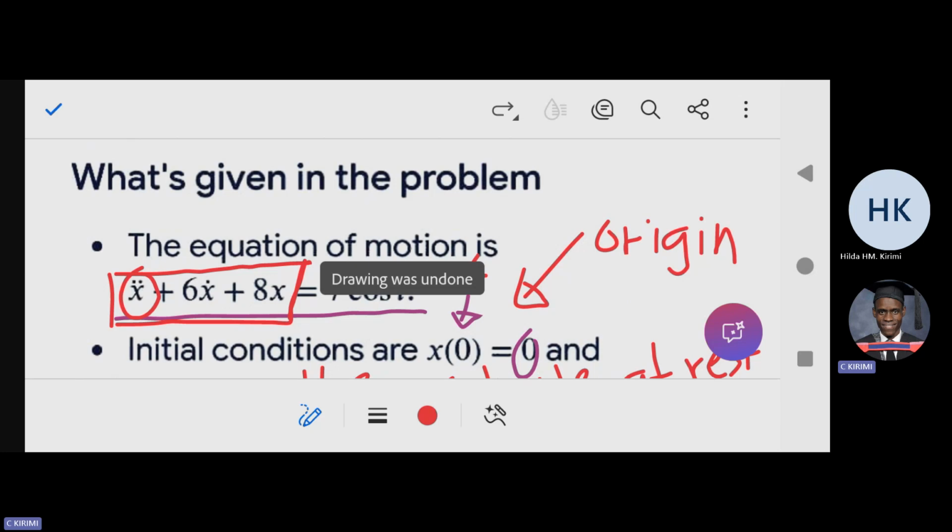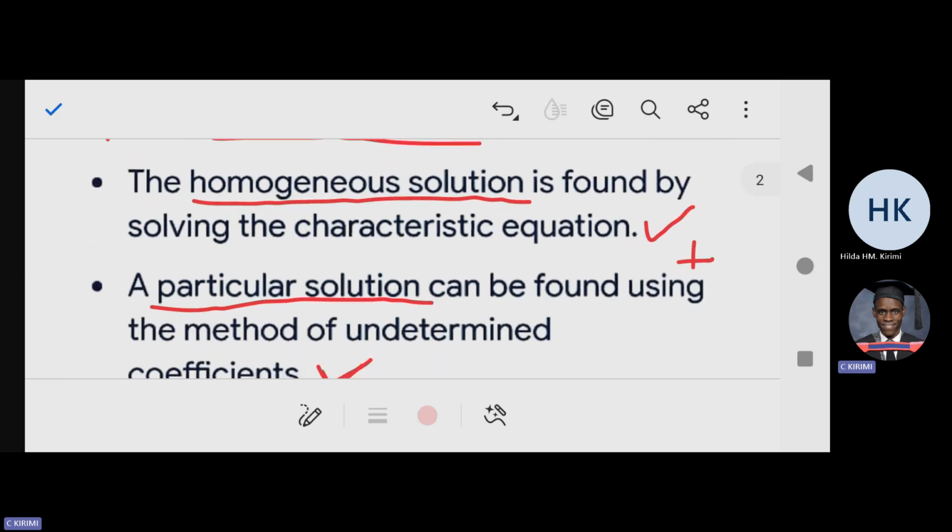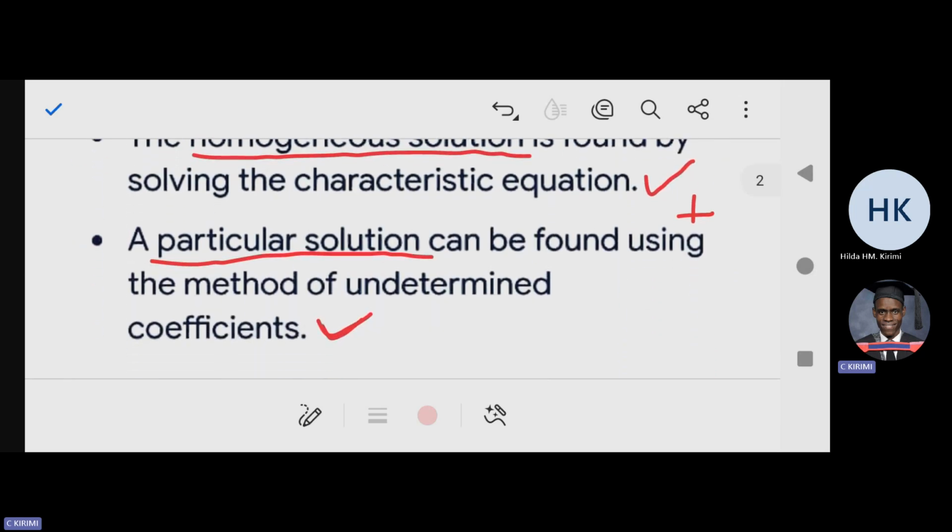Then for the right side, when calculating the particular solution, we use the method of undetermined coefficients, which they mentioned here. I will show you how I use it.